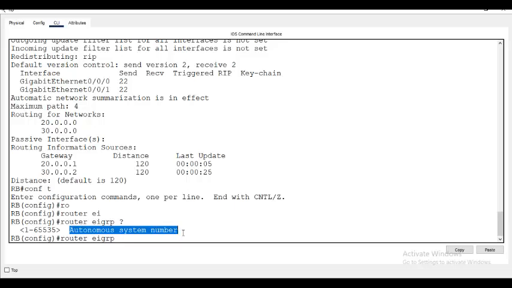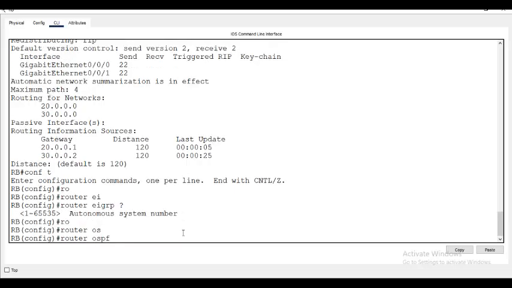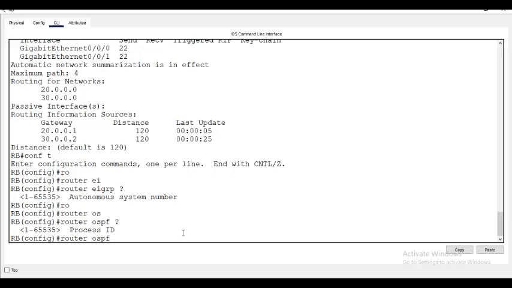What is the subnet mask for this? 255.0.0.0. The wildcard mask is this. This is wildcard mask. This is subnet mask.